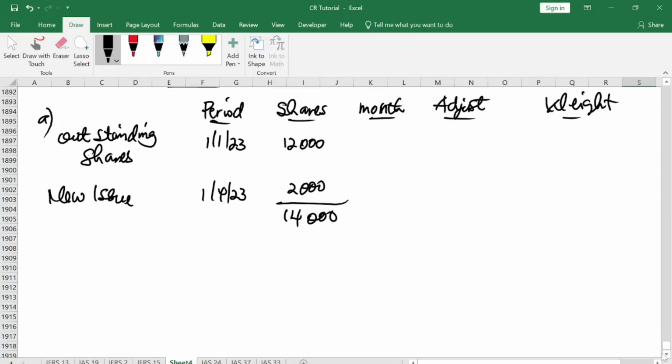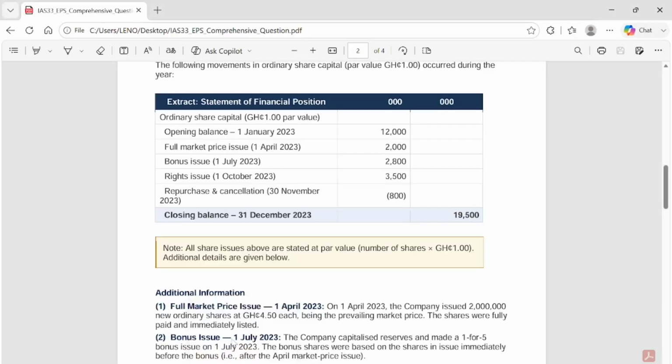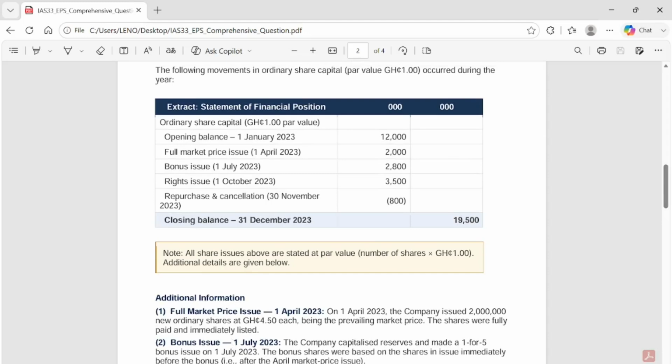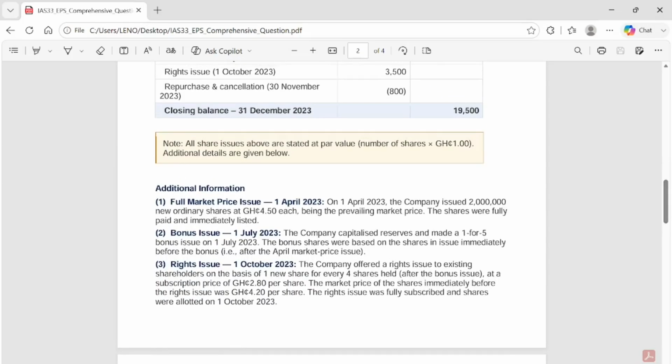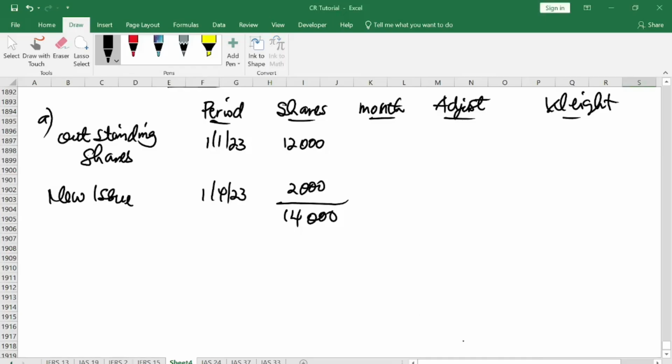Then the next one is what? Let's check. Did they issue new shares? Yes, they did a bonus issue on 1st July. Coming to the additional information, the total bonus issue is 2,800. Don't just pick it, work it out yourself and verify. On 1st July, the company capitalized reserves and made a 1 for 5 bonus issue. So the bonus issue was on 1st July 2023. Let's confirm that.